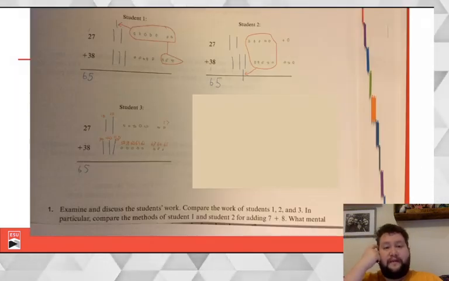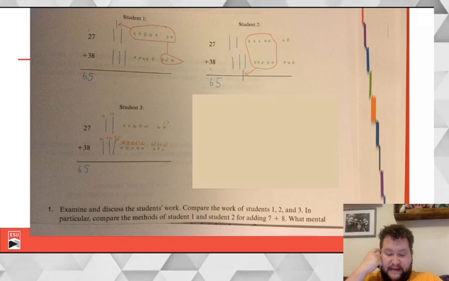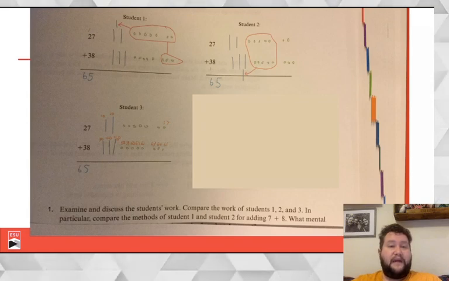And so here's an example. It says, examine and discuss the student's work. Compare the work of students 1, 2, and 3. And so what we have here, each case they're doing 27 plus 38. And in every case, they get the answer 65, which turns out is the correct answer for that addition.